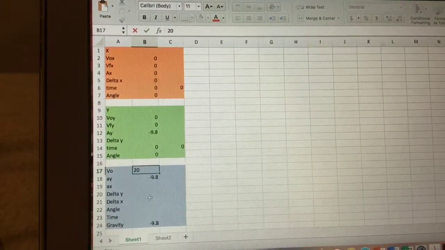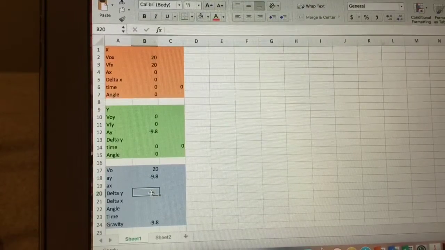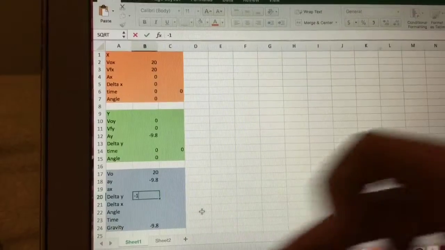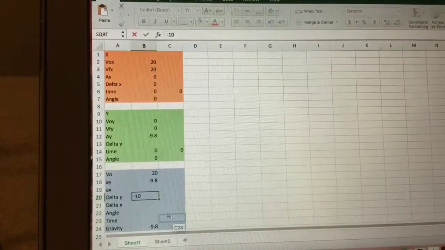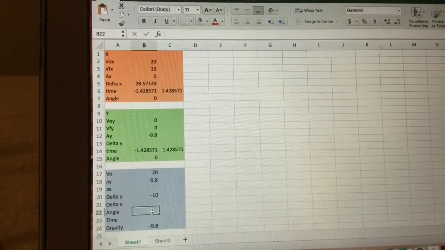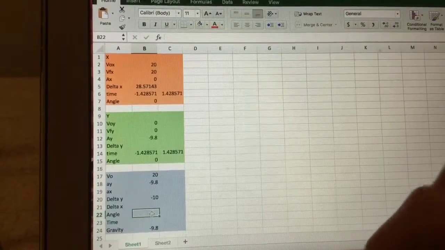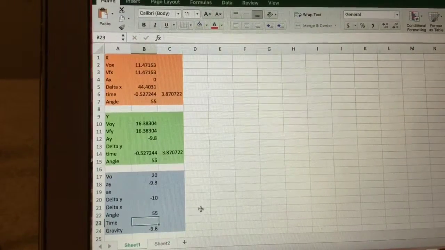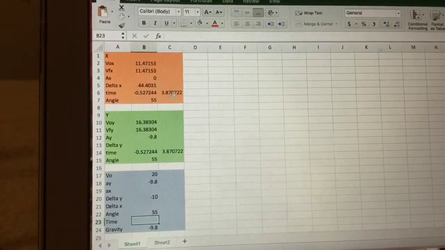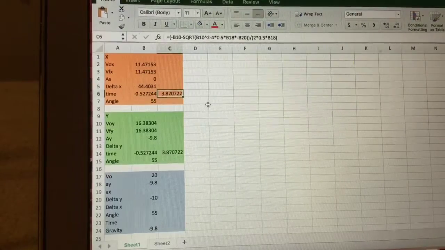So when we are told these things, we will explain how we get the delta x and the time. When using one of the big 4 formulas, time is an independent variable in a quadratic equation. So we use the quadratic formula in order to get the variable, which in the end is going to be time.